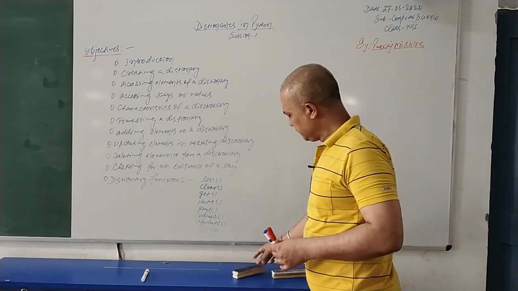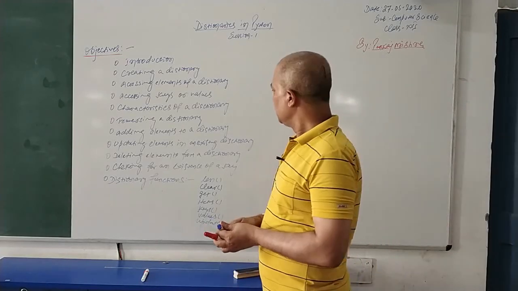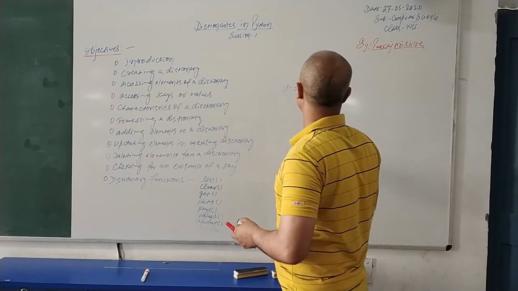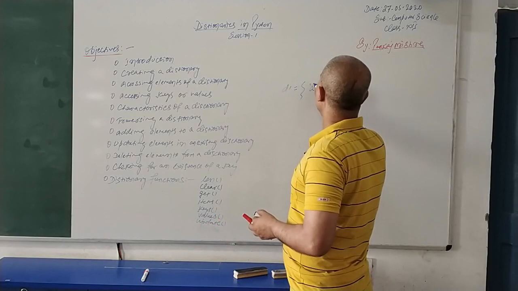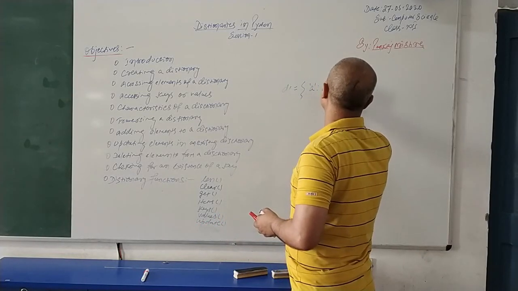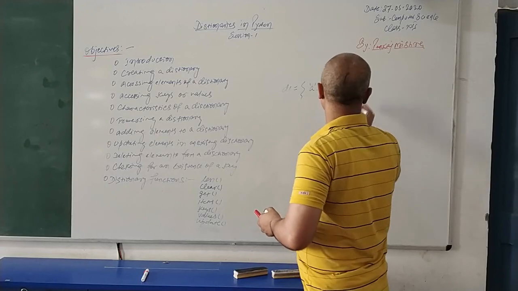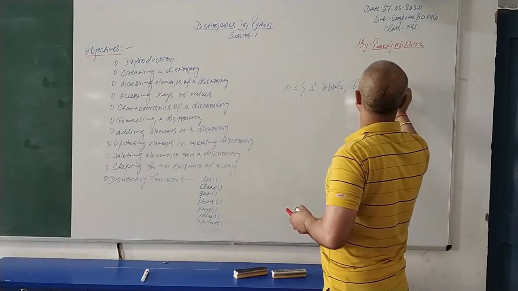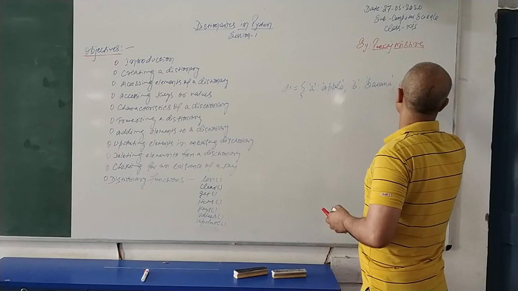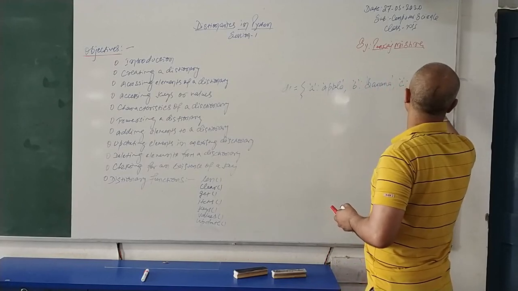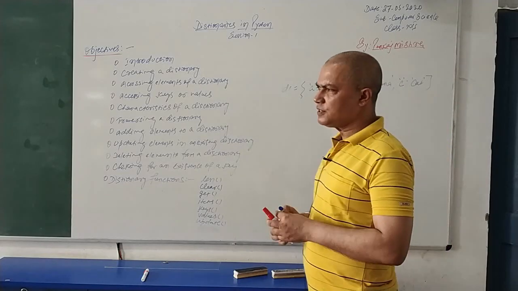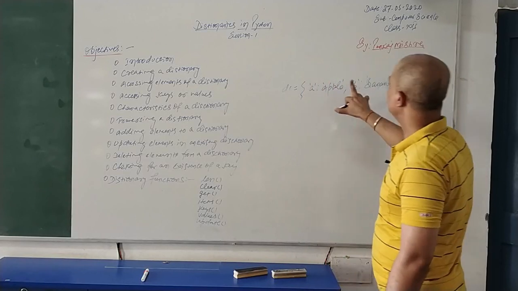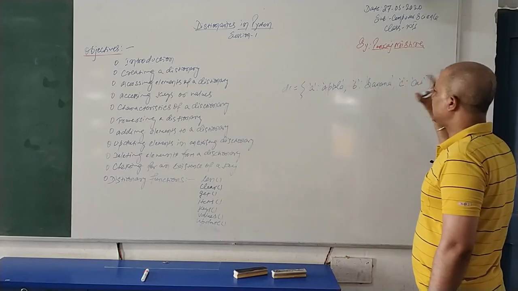Suppose for traversing, you have a dictionary D1 equal to, inside the brackets, A for apple, then again B for banana, and C for cat. This is my dictionary. This is just an example, and I stored both keys and values in character form. A is a key and apple is a value, B is a key and banana is a value, and C is a key and cat is a value.